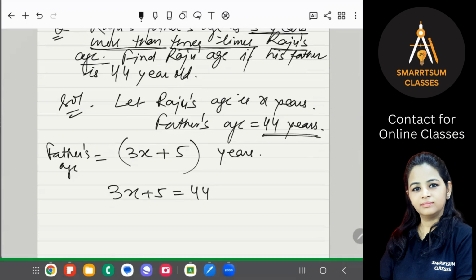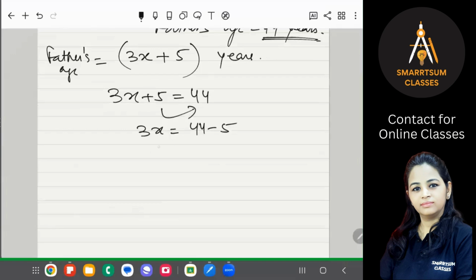And now we will solve this by using the transposition method. So first we will take 5 to that side. It will become 44 minus 5. 3x is equal to 44 minus 5, so 3x is equal to 39. Now we will take 3 to the other side because we have to collect the like terms on one side, right?